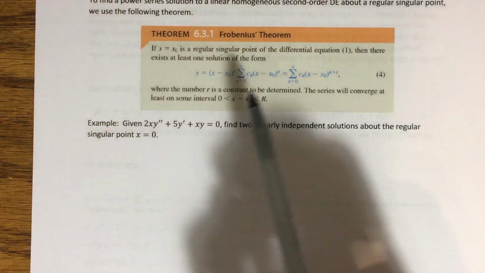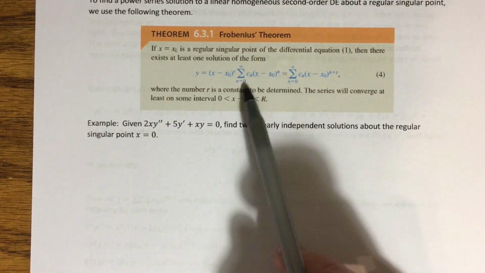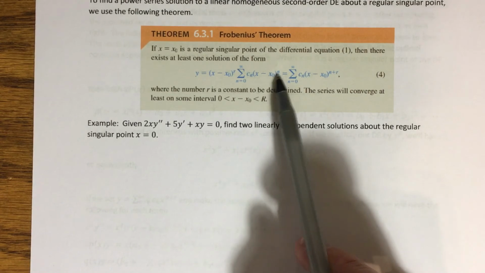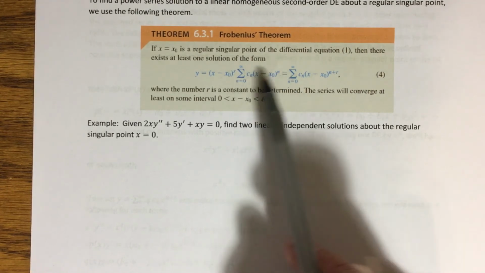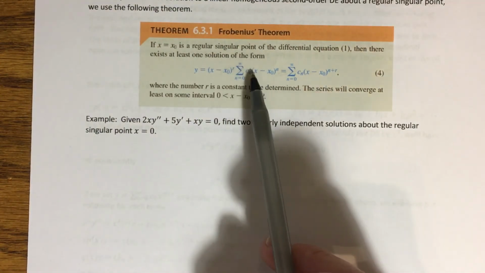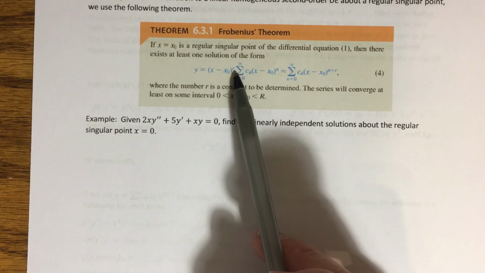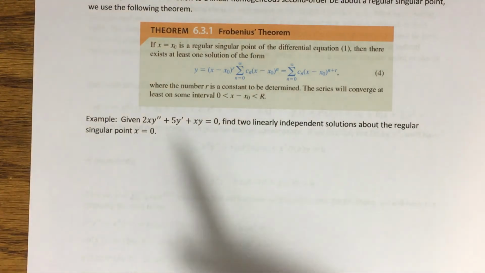And that lowercase r that's being used as the power there does not need to be a positive integer. Notice, in this summation, n is always going to be some non-negative integer because it comes from the index for our summation, so n equals 0, 1, 2, 3, 4. It only takes on non-negative integer values. R can be literally any real number. It can be negative, it could be irrational, it could be rational, it could be anything.